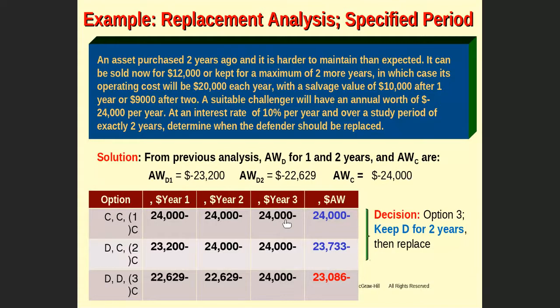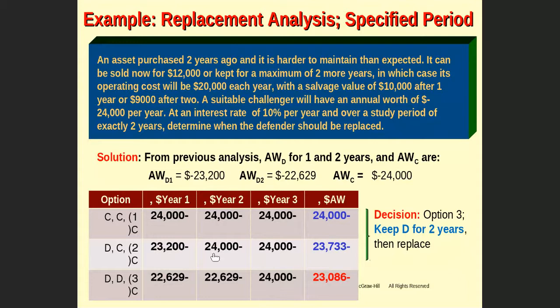But if we decide to keep the defender for 1 more year, the annual worth for the defender kept for 1 year will be placed on year 1, and the cost of the challenger will start from year 2 and year 3.